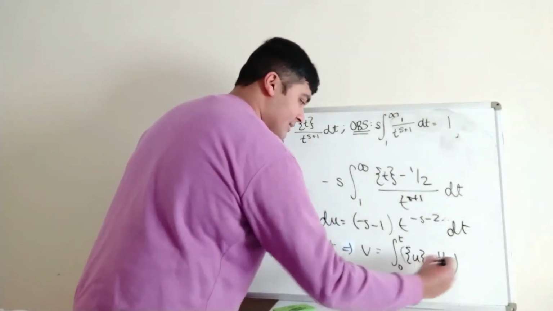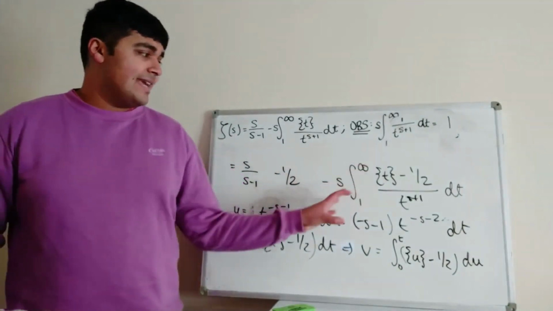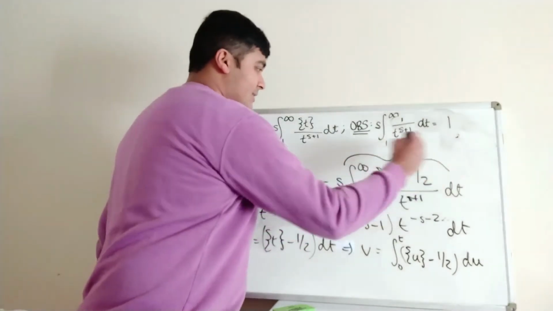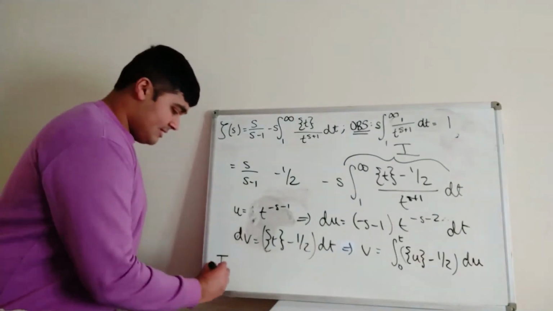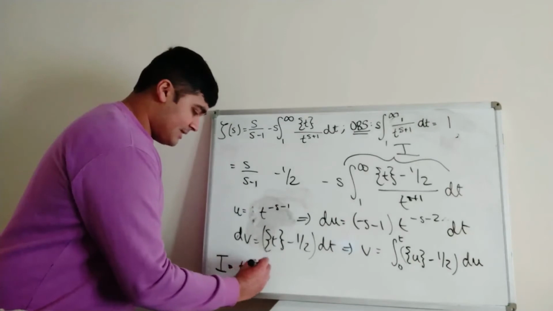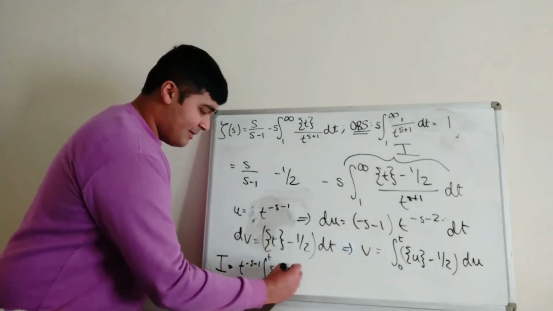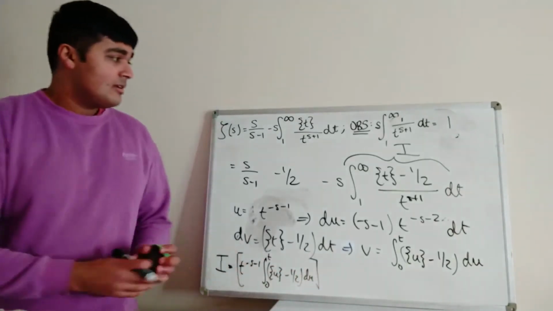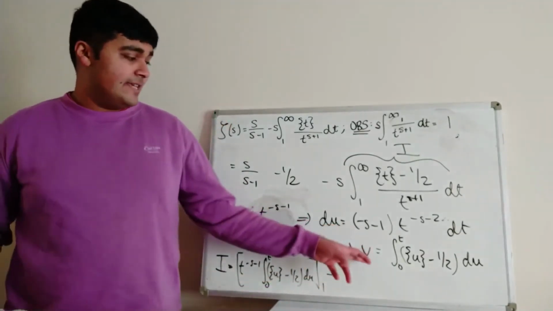Okay, so zeta of s is equal to this thing here, and if we just look at this integral in particular, perhaps I'll call this integral here I for now. We now have that I is equal to u times v, so it's t to the minus s minus 1 times the integral from 0 to t of the fractional part of u minus a half du, and that's evaluated from 1 to infinity, minus the integral of v du.